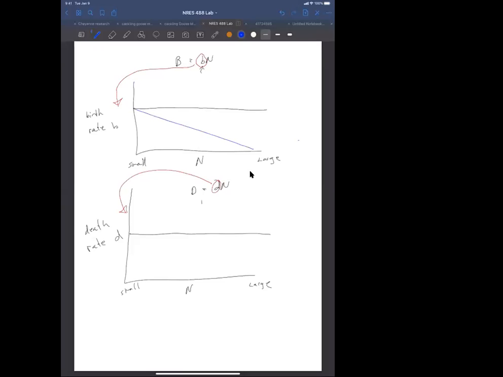And as population size increases, death rate is going to increase. And the assumptions behind these are if there's more animals in the population, they're competing for resources, and therefore there's going to be less energy to go around to store and give towards reproduction in terms of our birth rates. And also, after animals are born, there's less resources available due to a lot of other animals out there, and therefore more are going to starve, so the death rate is going to increase.